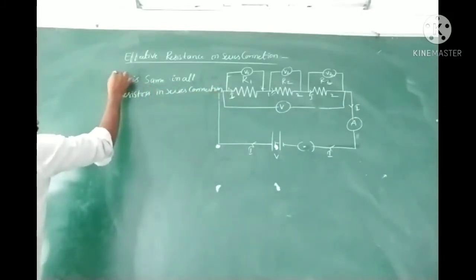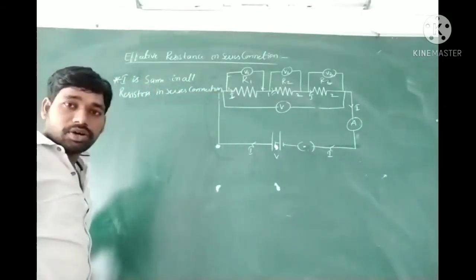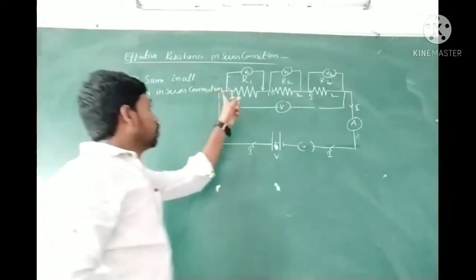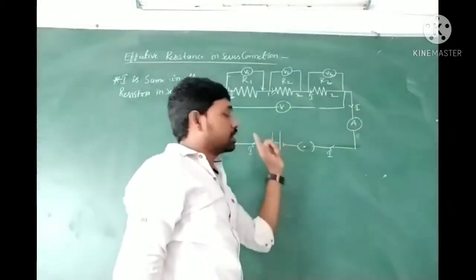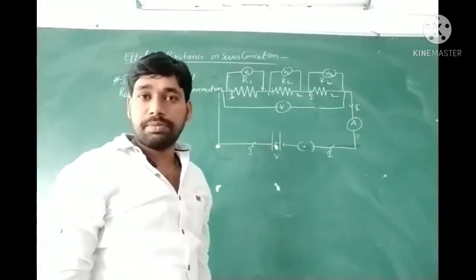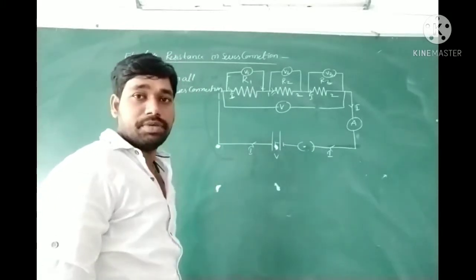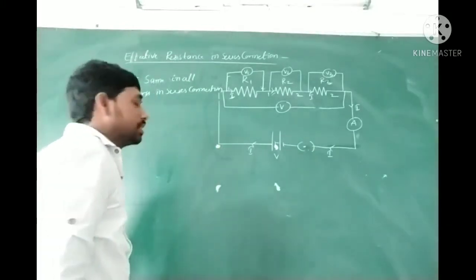So current I is the same in all resistors because there is only one path for the current to flow. If the current path is one path, then the current is the same. It is not dividing at any point.